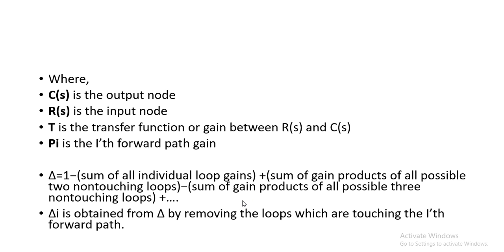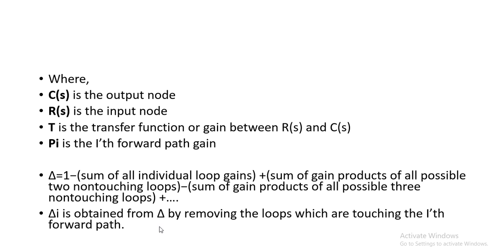So such an alternation will be there. Again, delta is equal to 1 minus the sum of all individual loop gains plus the sum of gain products of all possible two non-touching loops minus the sum of gain products of all possible three non-touching loops.